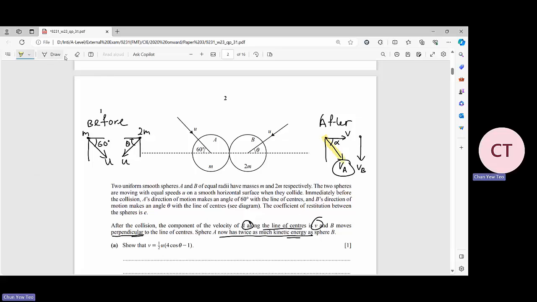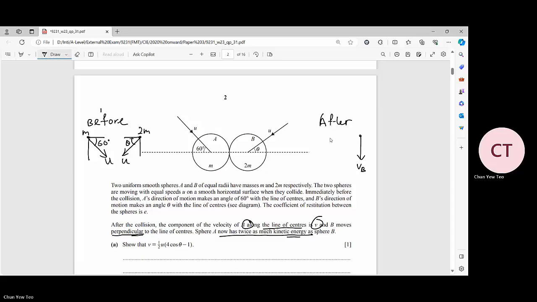But my assumption may be wrong, because this is just an assumption. A might go this way, and this will be the V, this is the alpha. So it's possible. We just need to make a decision to choose one of them. Over here, I would choose that A's direction remains unchanged.